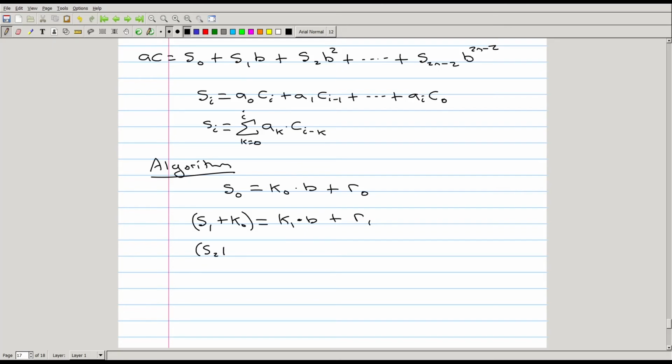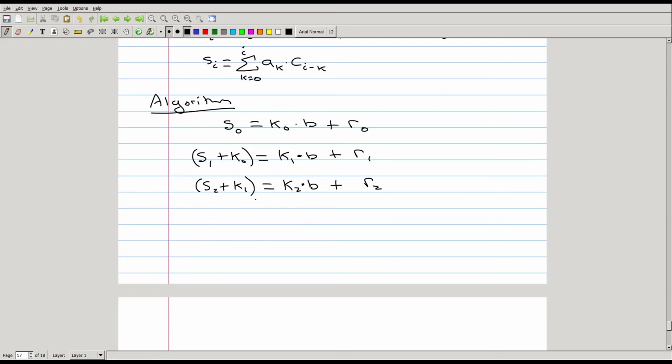So this will be S2 plus K1, which we then have to divide by B to get K2 times B plus R2, and so on and so forth, all the way up to S2n minus 2 plus K2n minus 3 is equal to K2n minus 2 times B plus R2n minus 2.